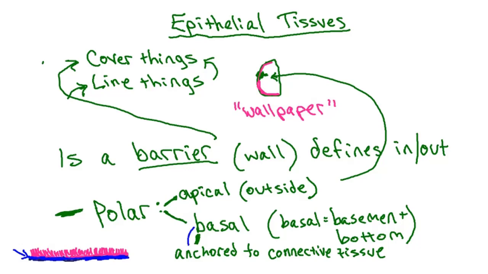Just like that, the basal layer of the epithelial tissues is anchored to connective tissue, and connective tissue makes up the substance, and we'll get into that when we get into connective tissue.